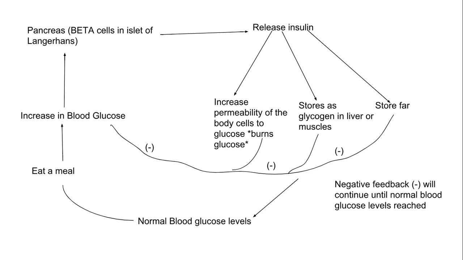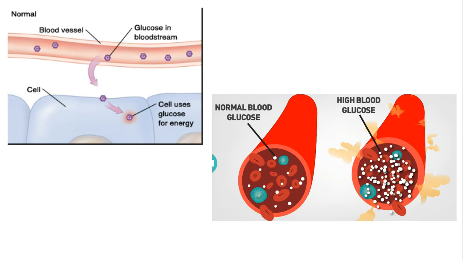Now that our body's back in homeostasis, there's just a couple of pictures here to show you kind of what is going on with the glucose in our bloodstreams when insulin is activated. So you can see the blood vessel takes glucose out of it and stores it in the cell. That's again, if insulin is present, it opens up channels and into the cell it goes.